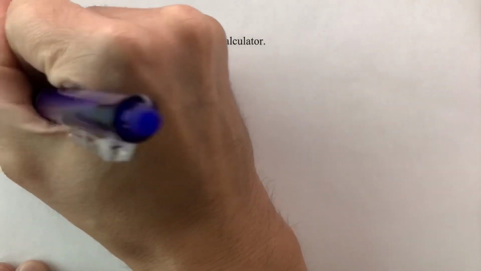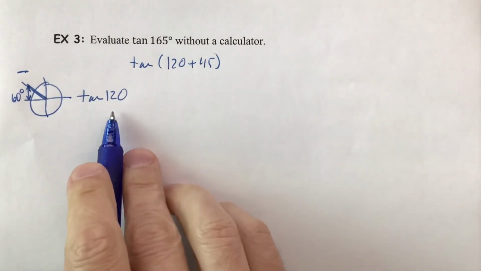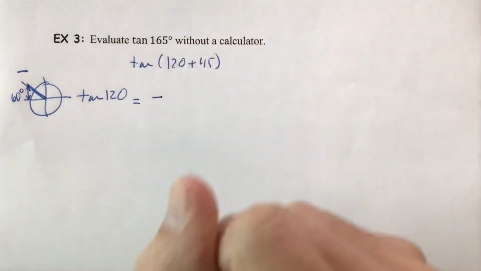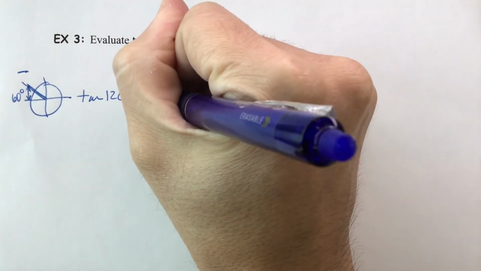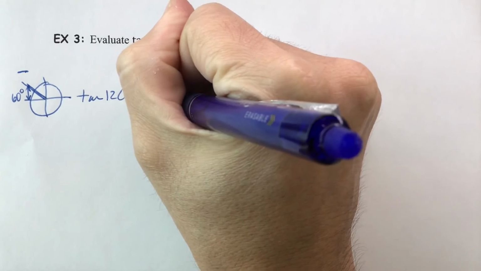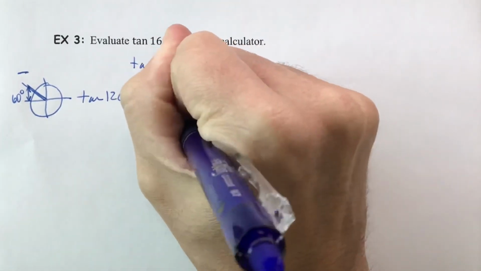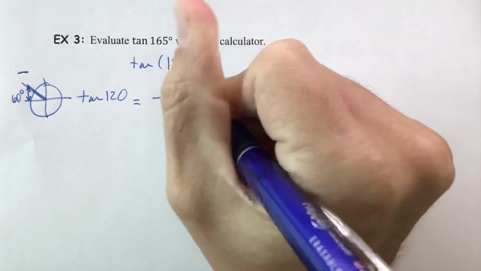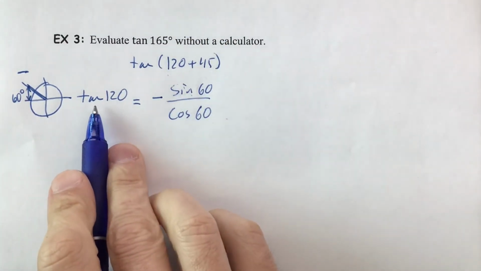We also have a reference angle of 60 degrees. Okay, so the tangent of 120, I'm going to think of that as being a negative answer first. It's going to be a negative, and I'm going to use my reference angle of 60 degrees along with the identity that the tangent is the sine divided by the cosine. Okay, so all of this right here should evaluate to be the same thing as the tangent of 120.